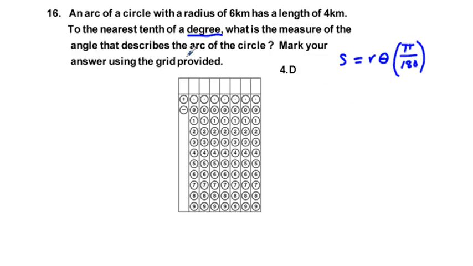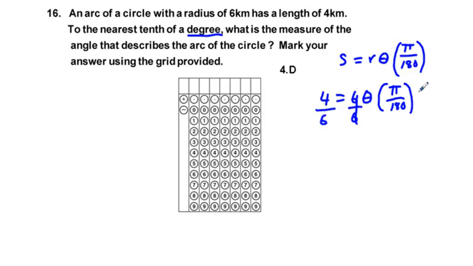So we can just fill in what we have. The arc of a circle with radius 6 kilometers has a length. So our arc length is 4. Our radius is 6. Our theta we don't know in degrees, and we have pi over 180. And if we just go ahead and divide by 6, we get, so that'll be one thing.